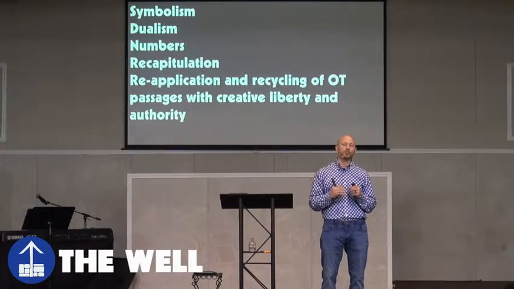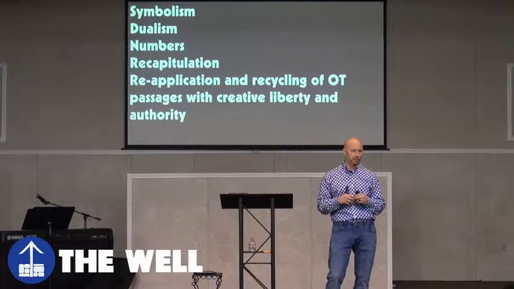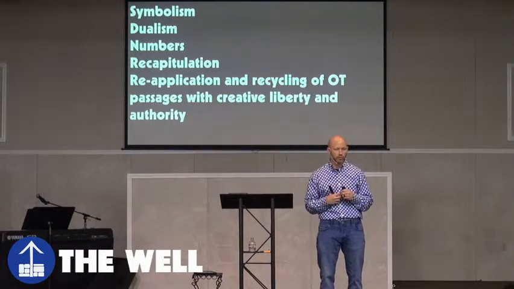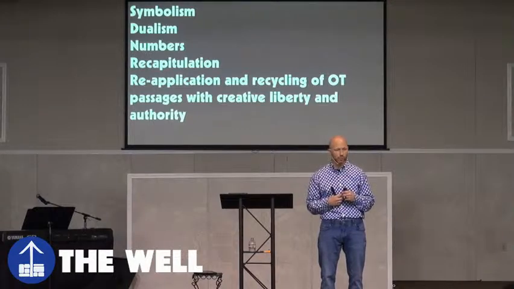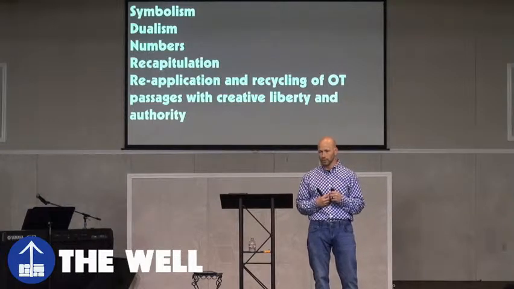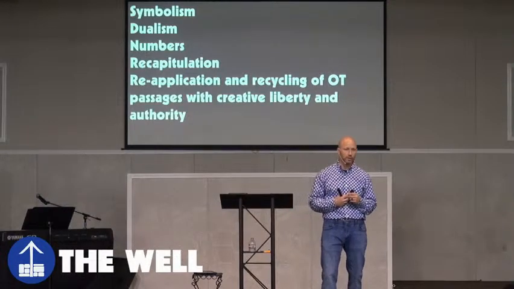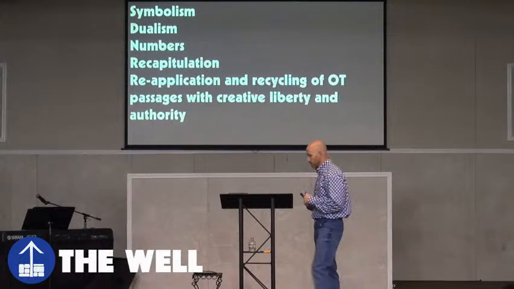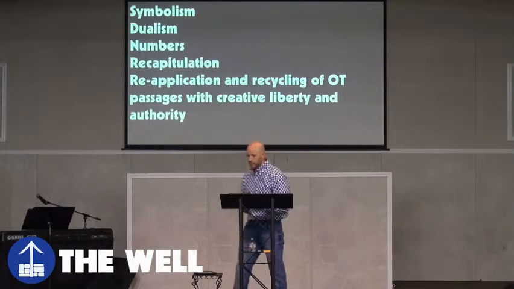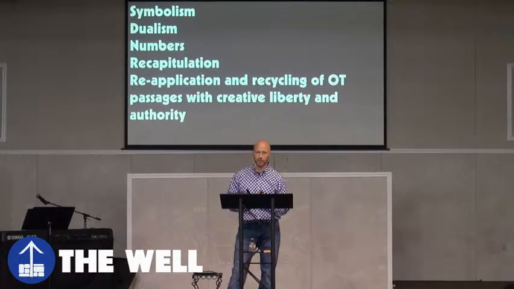If you are trying to read Revelation literally, and you're trying to find a one-to-one historical correspondence to each thing that is described with a symbol in Revelation, you are about to make a wreck of this important book. It is symbolism. It is apocalyptic genre, and it needs to be unpacked according to that.